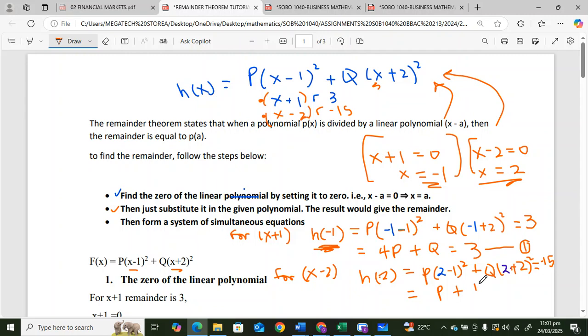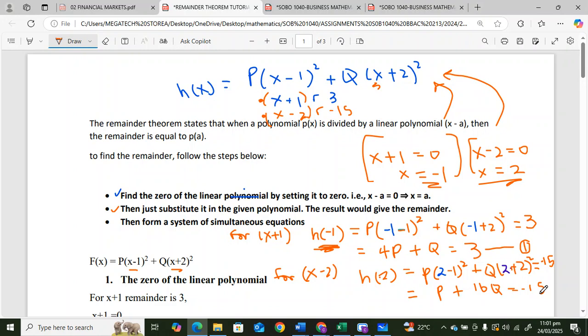So we have P plus 16Q equals negative 15. Okay, so this is our equation 2.